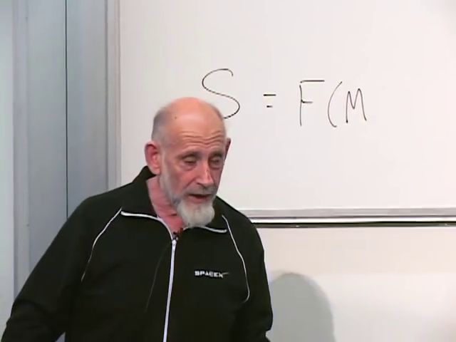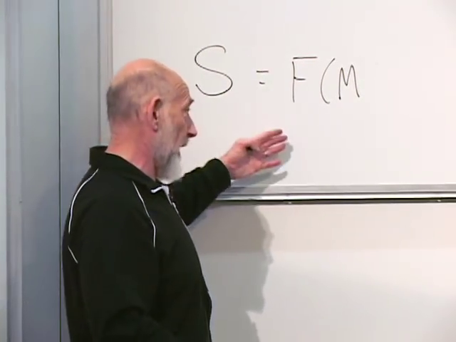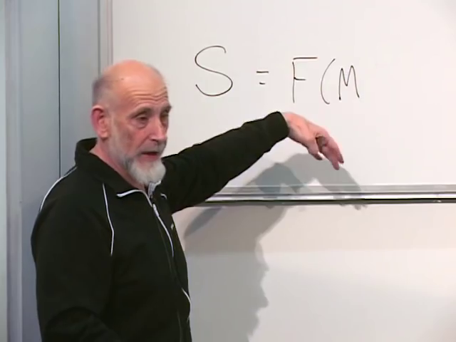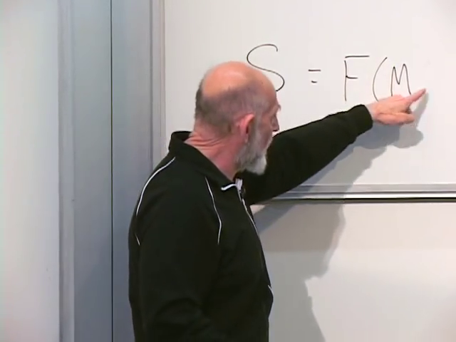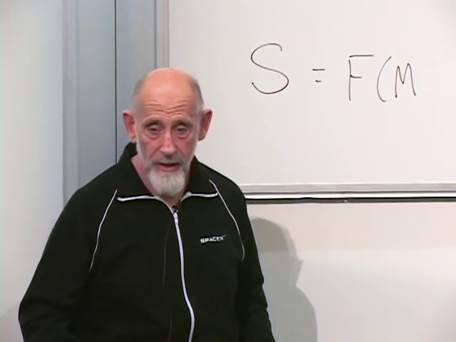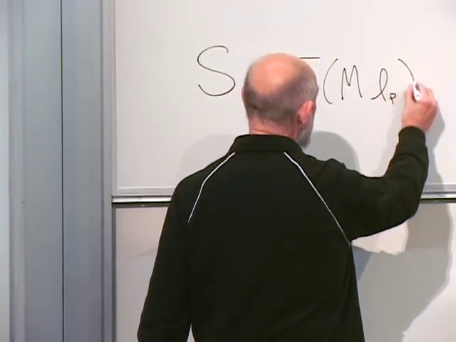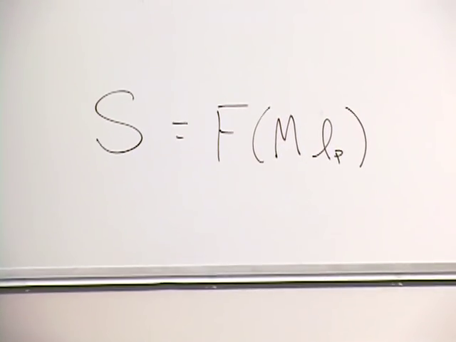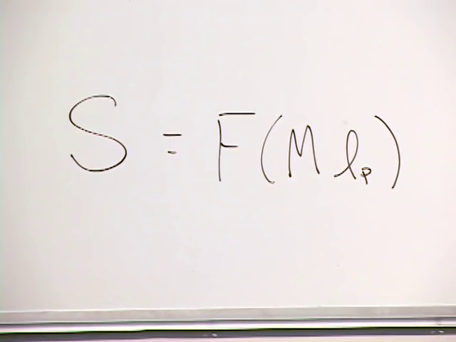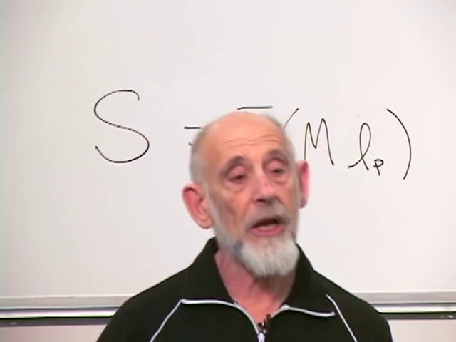There's nothing you can write down that involves only the mass that could give you a dimensionless thing. It can be mass, mass squared, mass cubed, mass 15th power. None of them work. What must you put here in order to get a dimensionless thing? You must put L Planck. Mass times L Planck. Mass times the length scale that's associated with gravity.